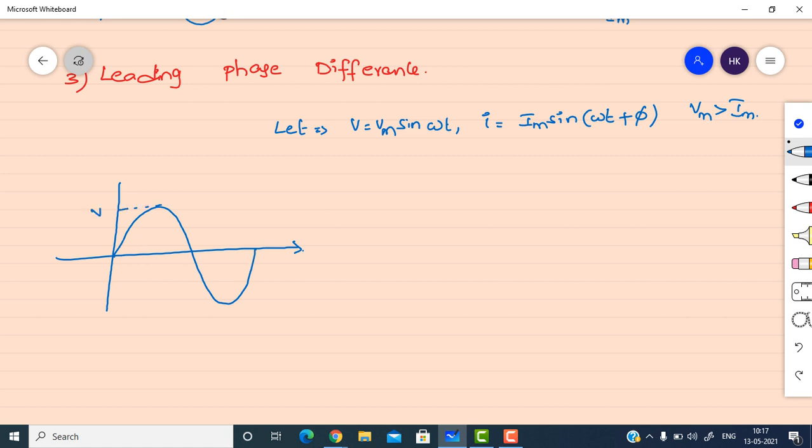First I am drawing the Vm voltage waveform. So where do I have to start the current waveform? On the positive side. So this is Im.